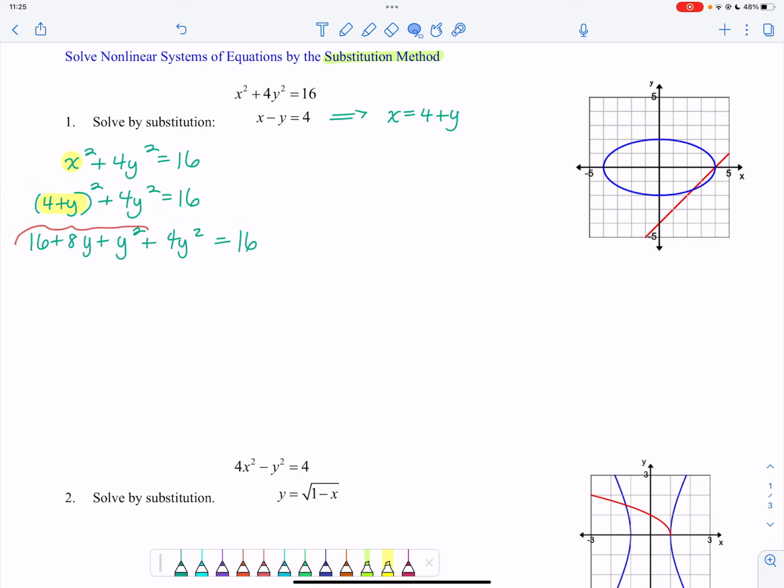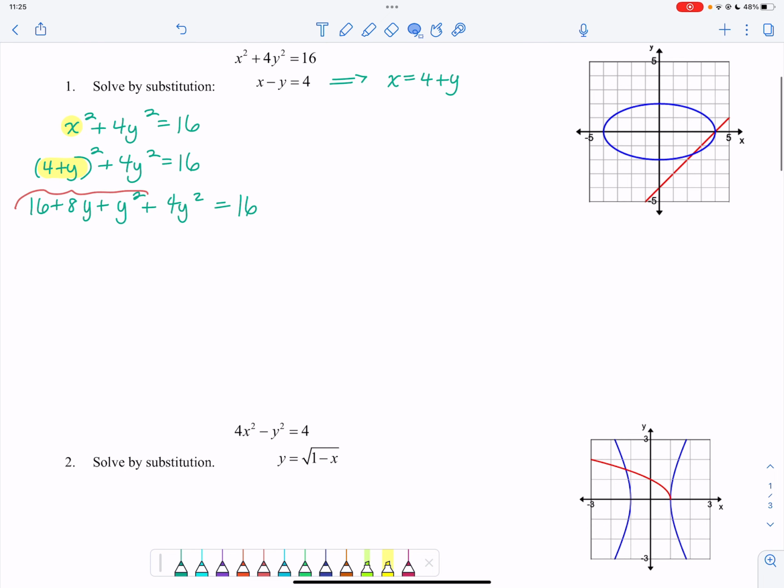Okay, so now let's go ahead and combine like terms. And as you can see, that brings 4y squared and the y squared is 5y squared. And then we still have our 8y.